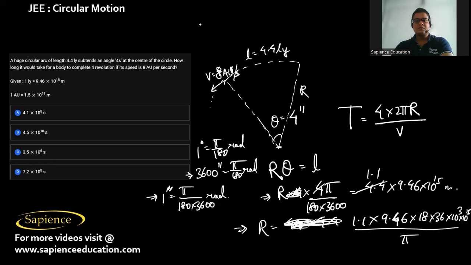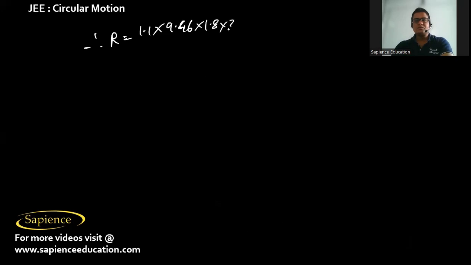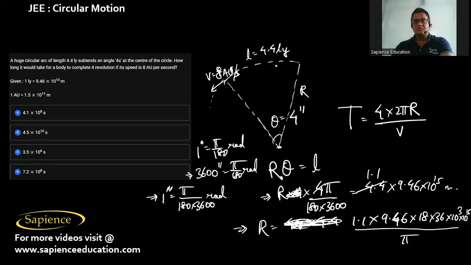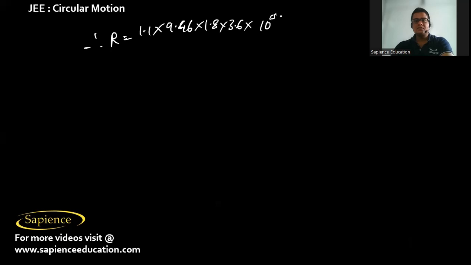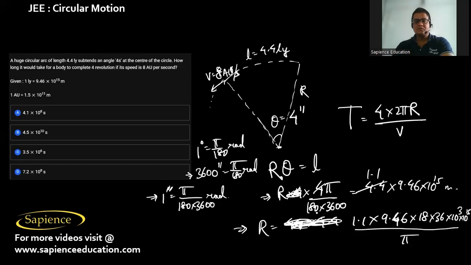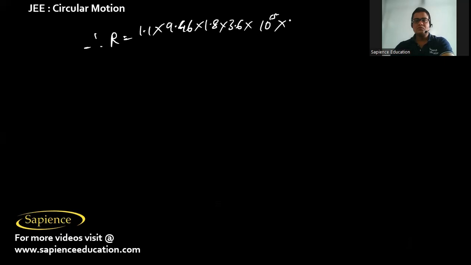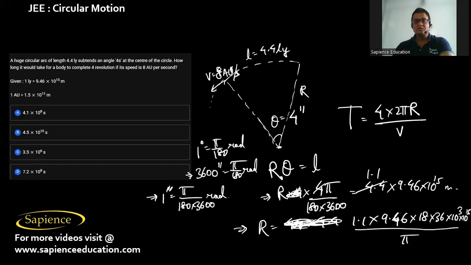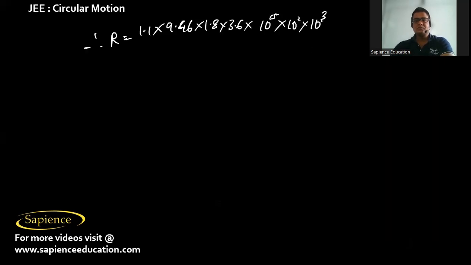Therefore, the radius will be equal to 1.1 into 9.46 into, this I can write as 1.8 into 3.6, into 10 power 15, into 1.8 into 10 power 2, into 3.6 into 10 power 3, divided by pi.